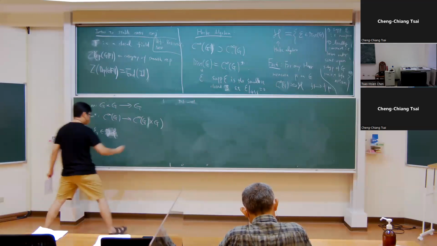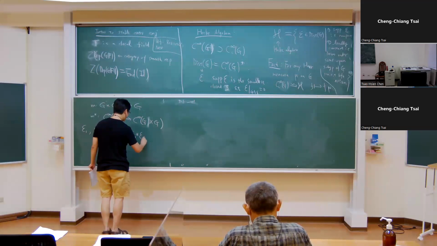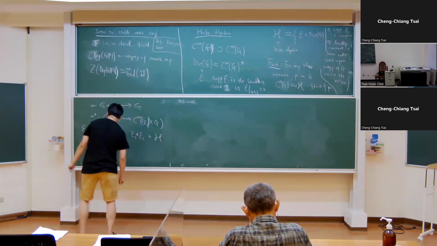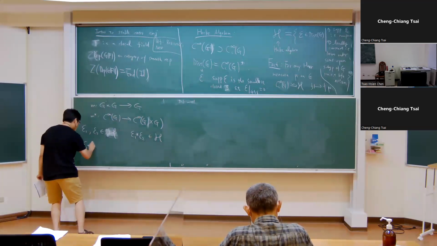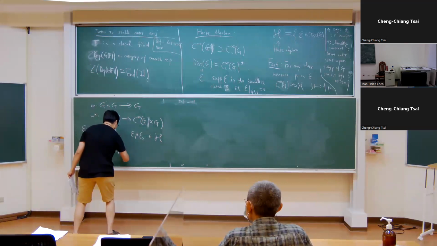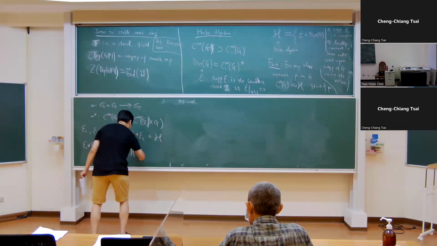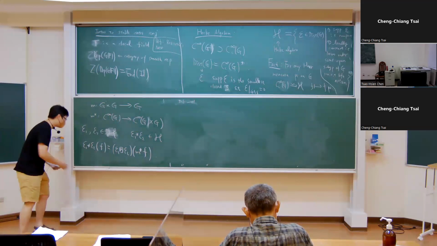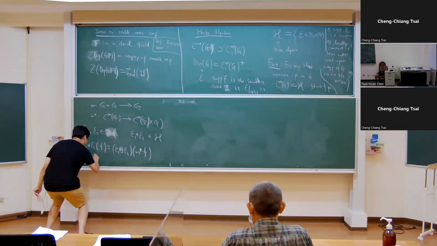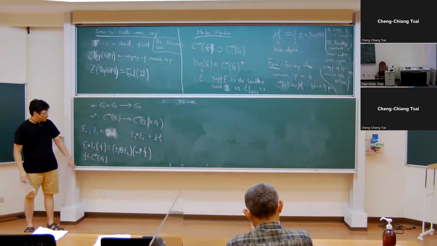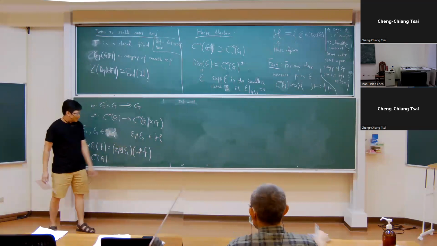Then you can define the convolution to be the following thing, such that its value on F, some function with compact support, is equal to the product evaluated on the pullback. So you pull back along this map and you evaluate.